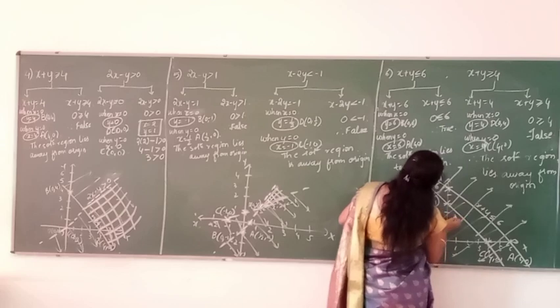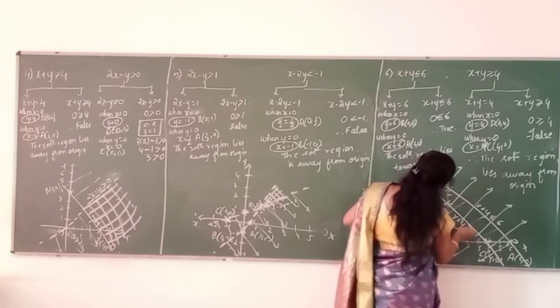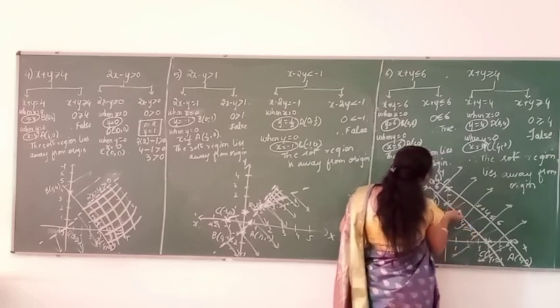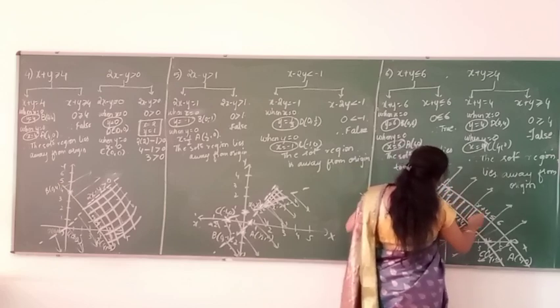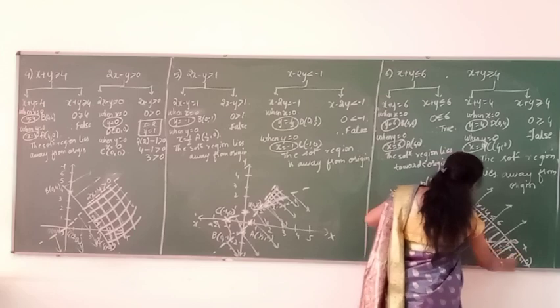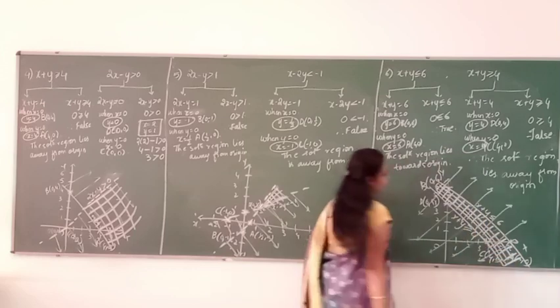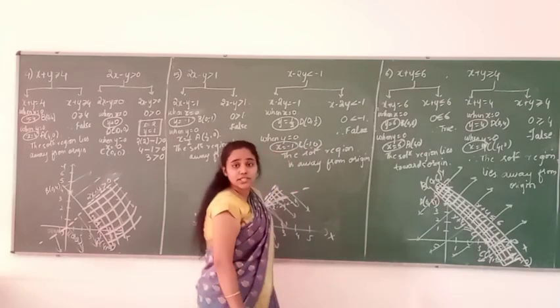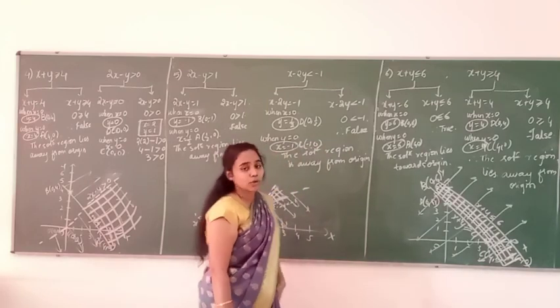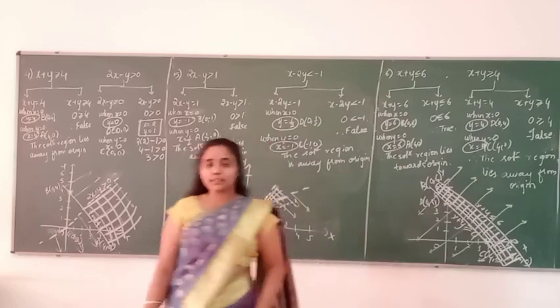So this is nothing but x plus y is greater than or equal to 4. Okay. As it is moving away from the origin, just check. This is the solution, which I have darkened. Can you just check? The part which is darkened or shaded is nothing but the solution region. Hope you have understood the 6 problems.